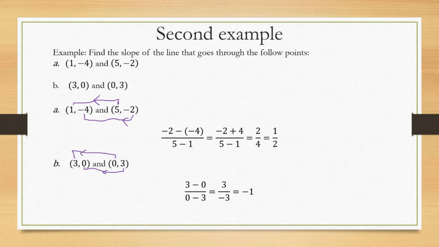And when you do that, you're going to get 3 over negative 3. So yeah, we get a negative. In fact, we get negative 1. But again, we expect to get a negative. If you, by mistake, got the top backwards or the bottom, you would actually get plus 1, positive, and that would not be right.